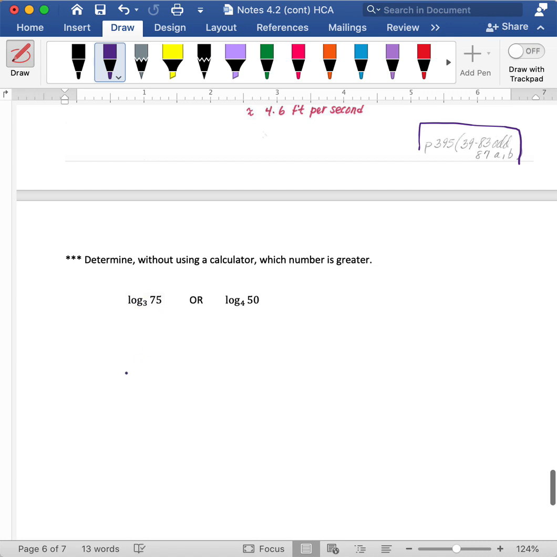Log base 3 of 75. Well, 3 squared is 9. 3 cubed is 27, right? 3 times 3 is 9 times 3 is 27. 3 to the power of 4 is 3 times 3 times 3 times 3, or 9 times 9, 81.